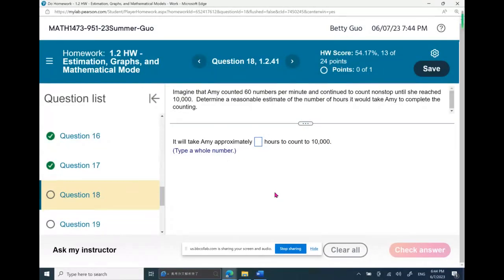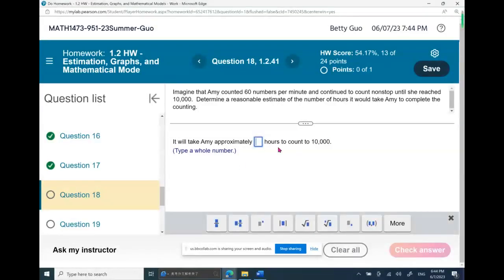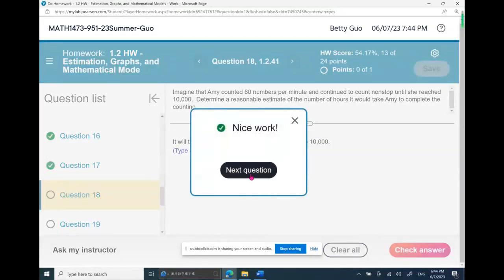So counted 60 numbers per minute times 60, approximately 3,600. Sounds right. Awesome.